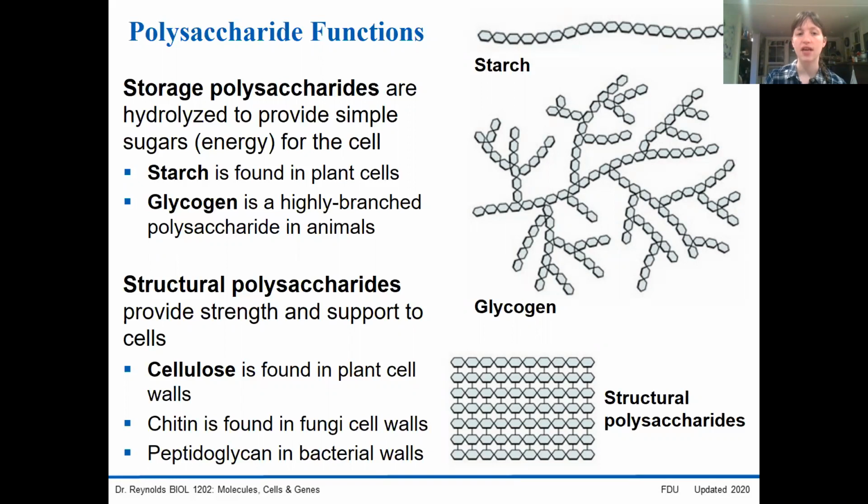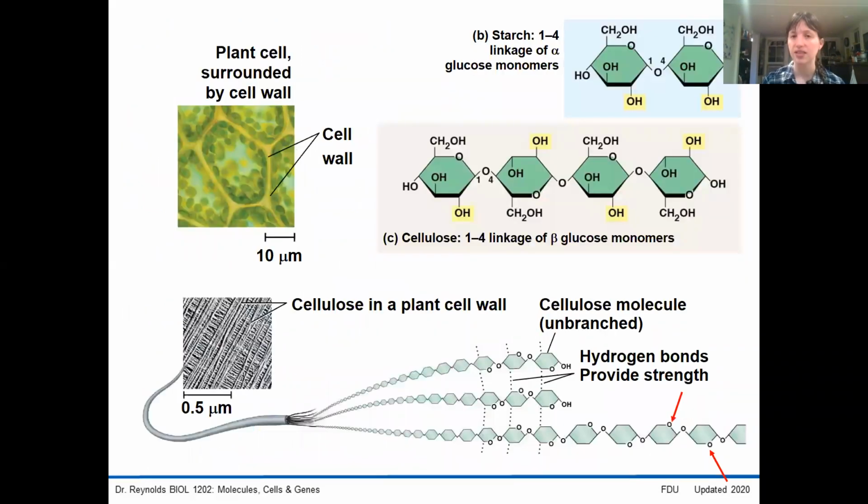Structural polysaccharides, on the other hand, are going to all have very similar kinds of arrangements. Their base structure is going to be a chain of polysaccharides that form, and then hydrogen bonding links those chains together. For example, cellulose forms the cell wall for plants. And it's actually going to be the hydrogen bonds that link these chains together, which provides the strength for that cellulose to hold the cell together.